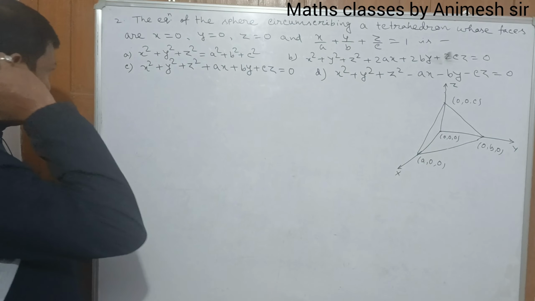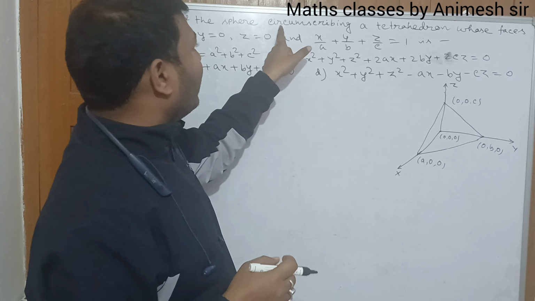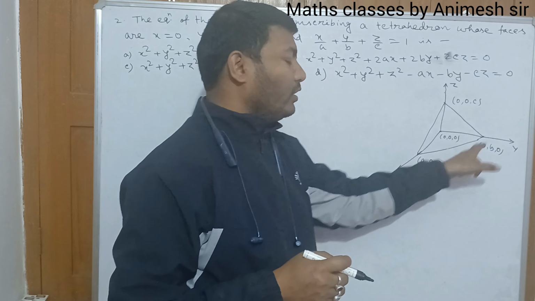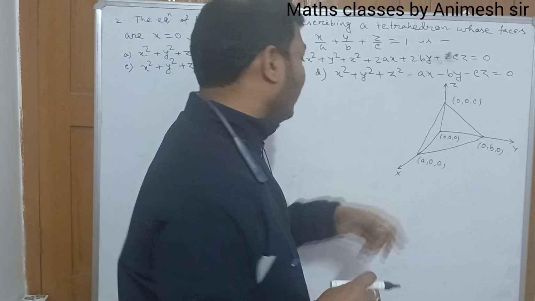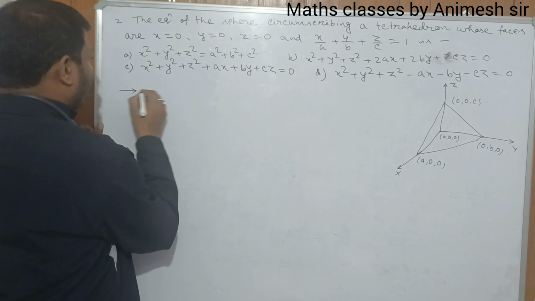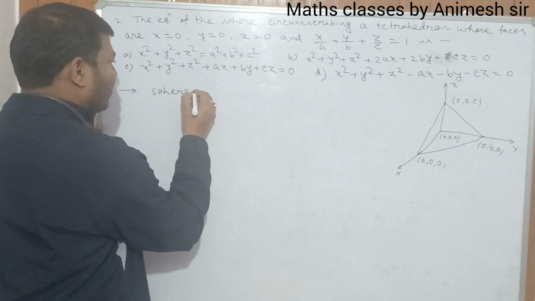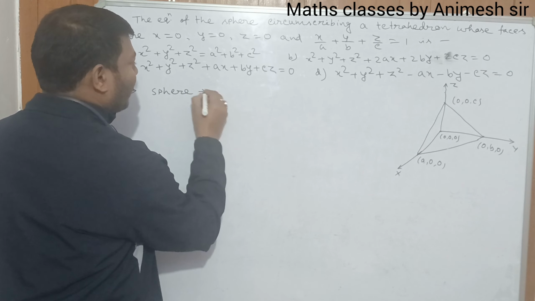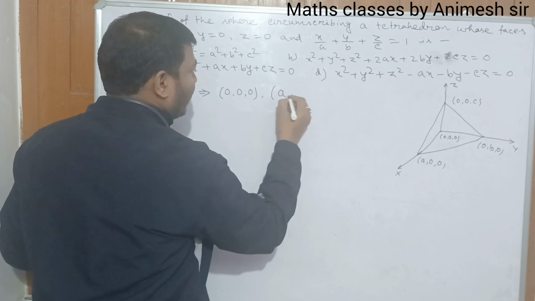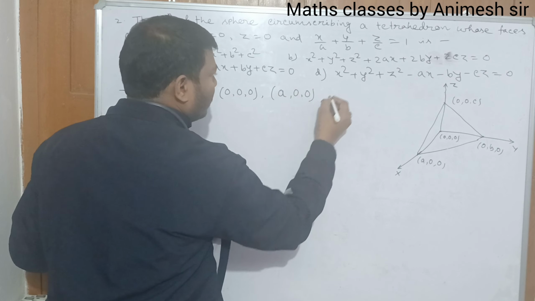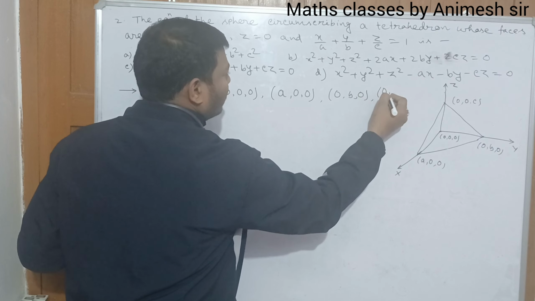Now what do we need to find out? The equation of the sphere which circumscribes this tetrahedron. That means we need to find the equation of the sphere which passes through the points 0, 0, 0; a, 0, 0; 0, b, 0; and 0, 0, c.